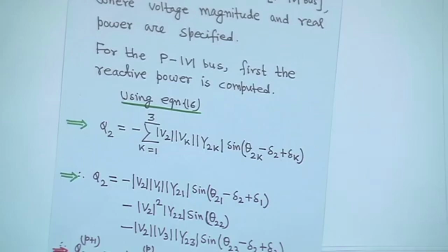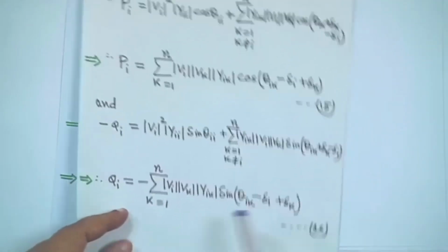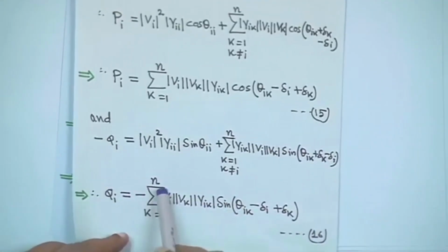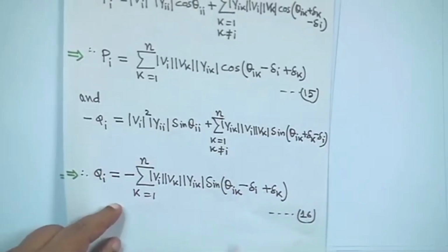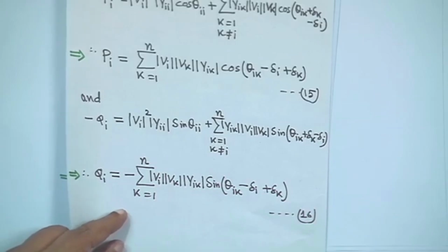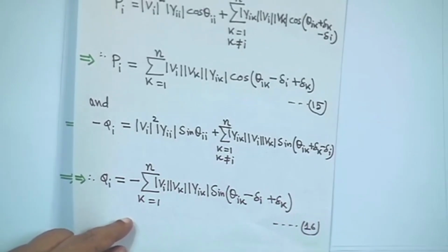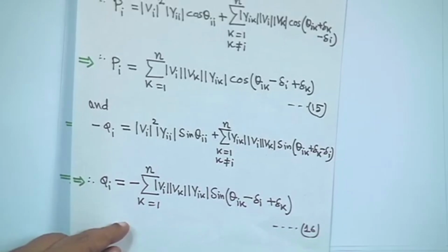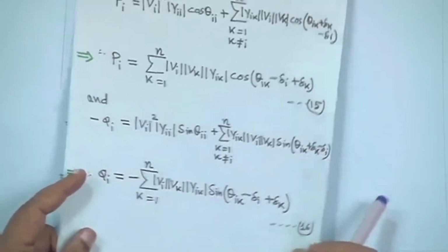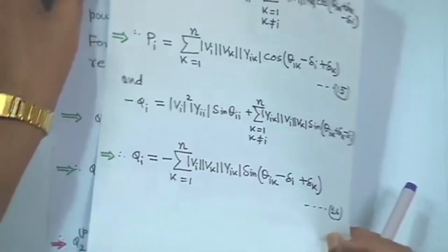Here it is. This was equation 16, with n equal to 3. At bus 2, which is a PV bus, Q2 is not known, so we have to see how iteratively we can find it.